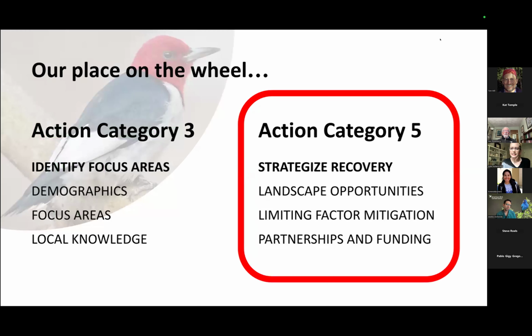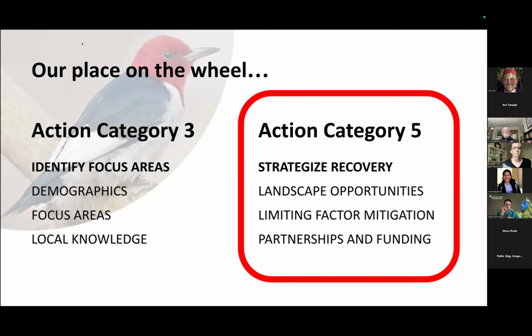So next, I said I would come back to this, and I almost forgot, but here it is. Moving forward, the next session in June moves on to action category 5, which is strategize recovery.